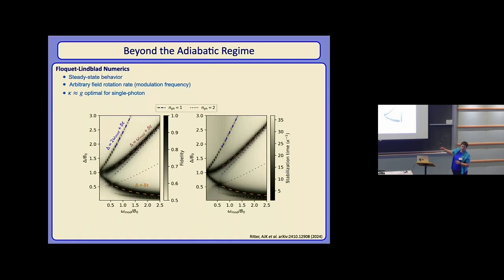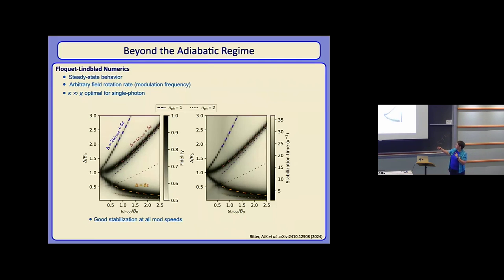And what you can see is that if you look here at the fidelity, there are frequencies or detunings where you get very high fidelity overlap with phi minus, regardless of the modulation speed. And the modulation speed is the rotation rate of the magnetic field. And so what happens is that if your cavity energy matches the Floquet quasi-energy difference, so that's this lowest line here, you get good stabilization.